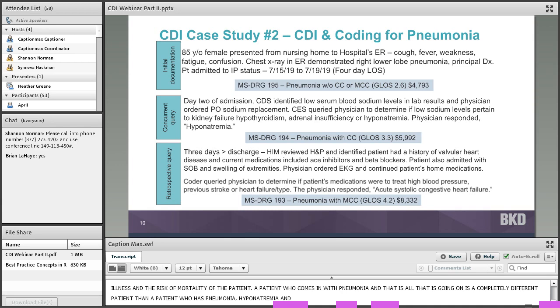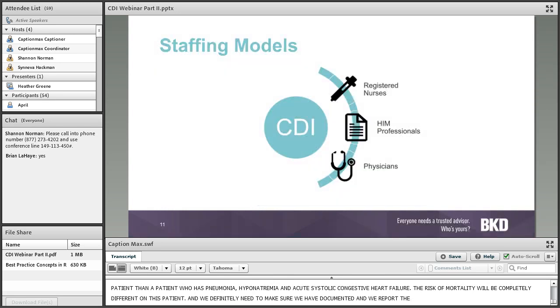A patient who comes in with pneumonia, and that's all that's going on, is a completely different patient than a patient who has pneumonia, hyponatremia, and acute systolic congestive heart failure. The risk of mortality is going to be completely different on those patients, and we definitely need to make sure that we have documented and we report the clinical truth of the patients that we're treating.